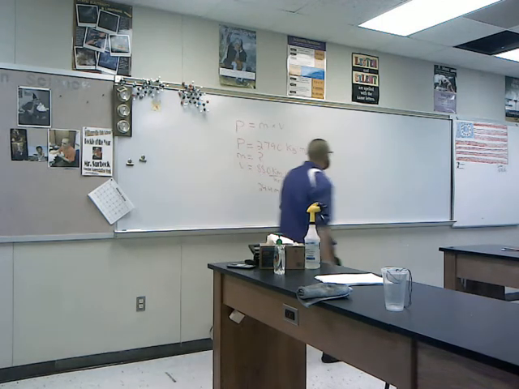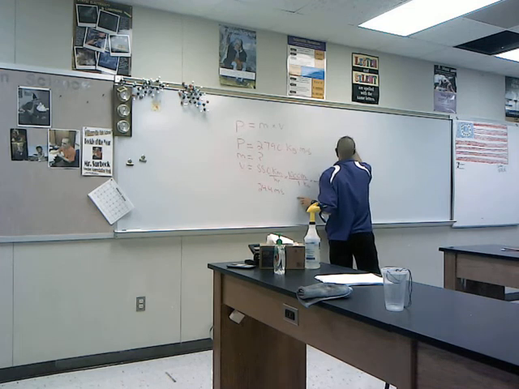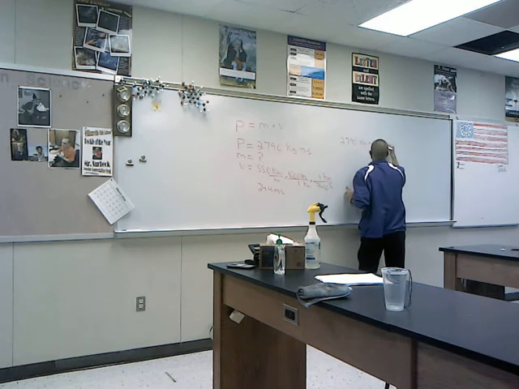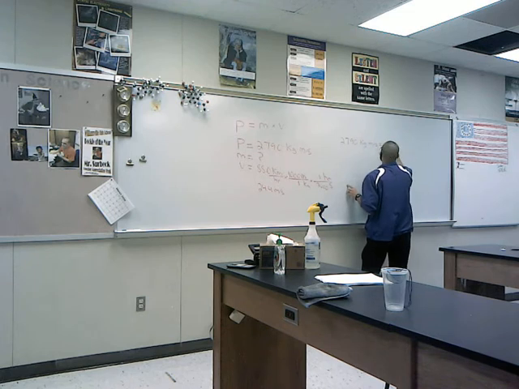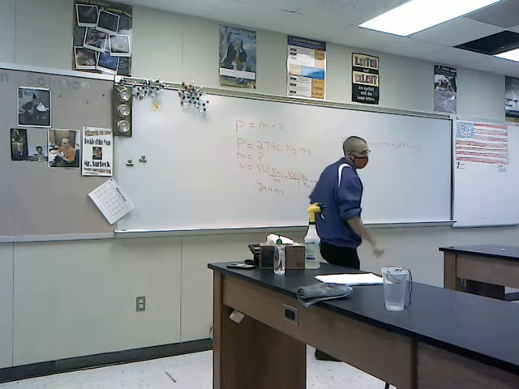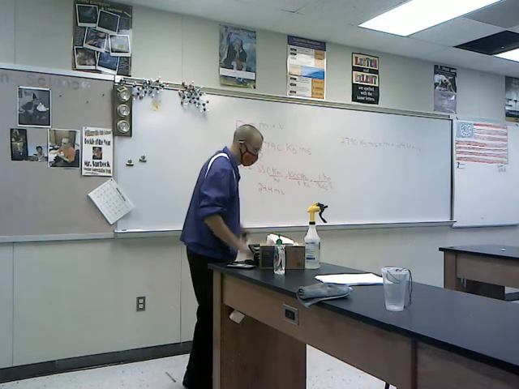Alright, so plug this stuff back in, and we end up with 2,790 kg meters per second equals our mass, big M because we don't know it, times 24.4 meters per second. Again, very similar to what we had. How do we get M by itself this time?